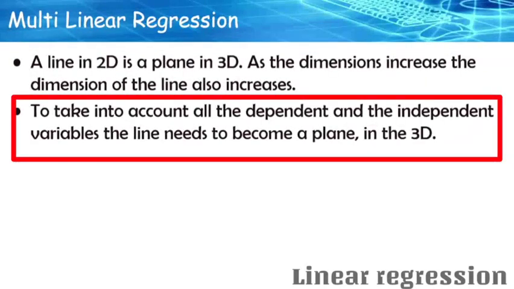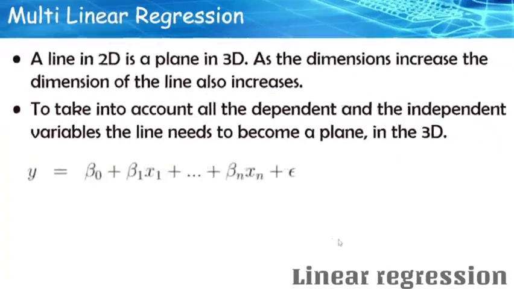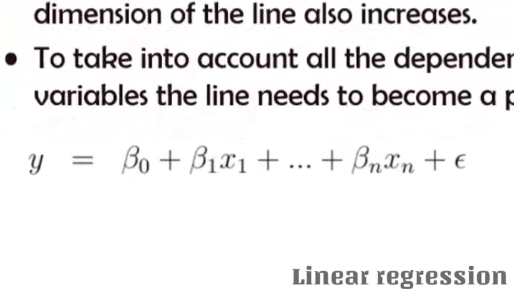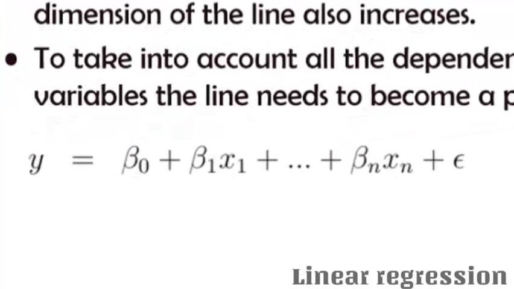To take into account all the dependent and independent variables, the line needs to become a plane. I think this would be the formula. Again, it is pretty similar to what we had seen with respect to single line regression.